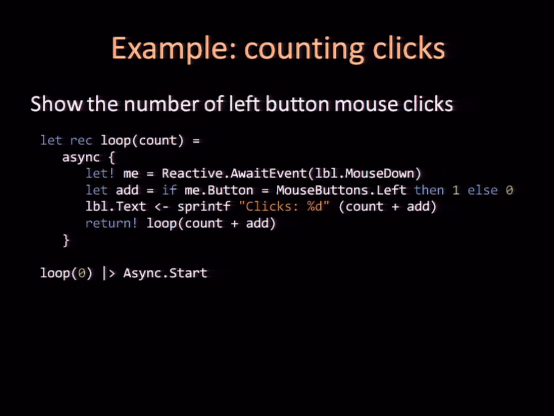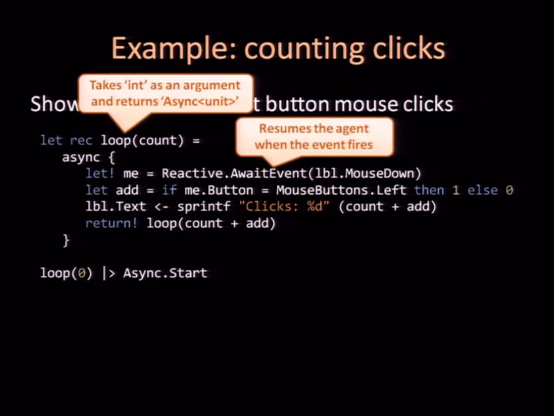And we can write it as a recursive loop in F#. That's implemented inside as an asynchronous workflow. And what the workflow would do is that it will wait for an event to occur. So it will block the workflow, which doesn't mean blocking any threads.